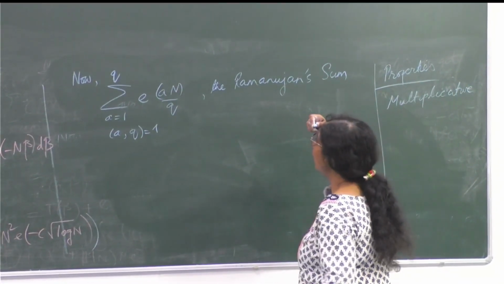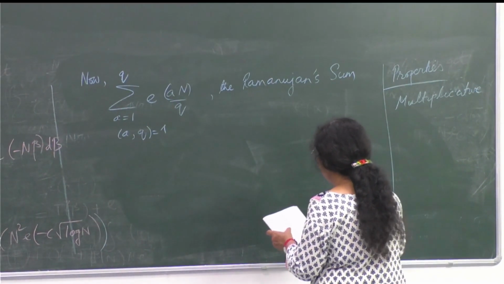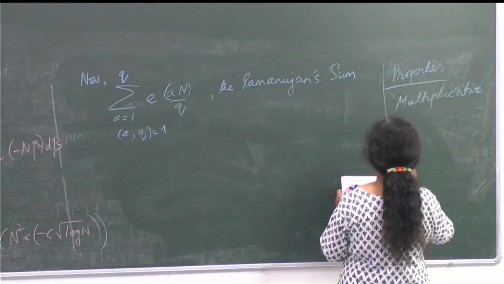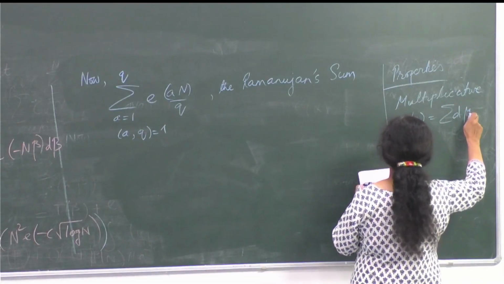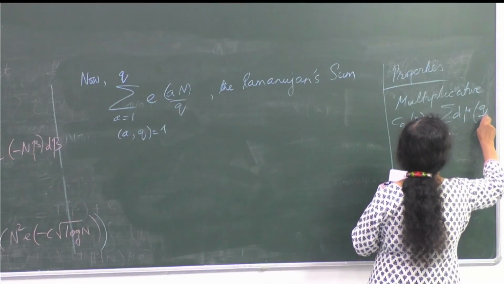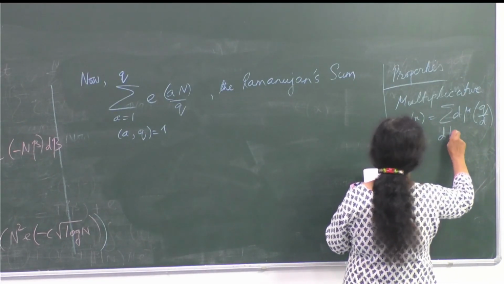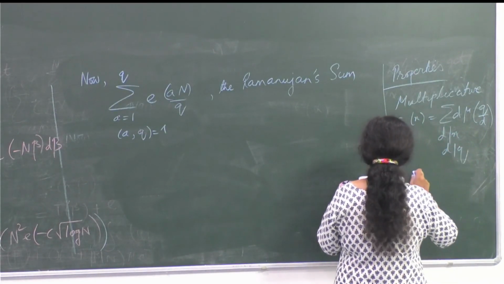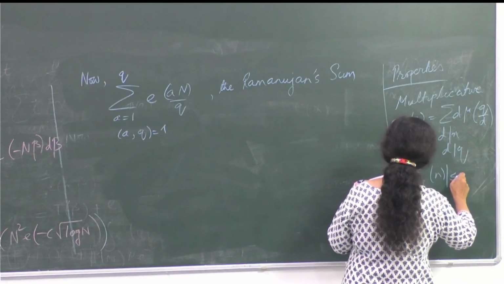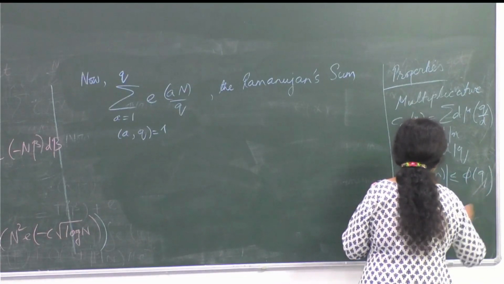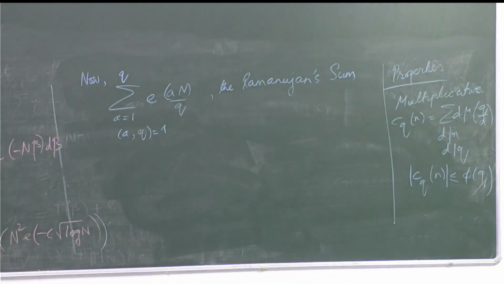It can actually be evaluated: c_q of n is equal to the sum over d of d times mu of q by d, where d divides n and d divides q. And c_q of n can be bounded by phi of q trivially. We can do these small things when we are tired.